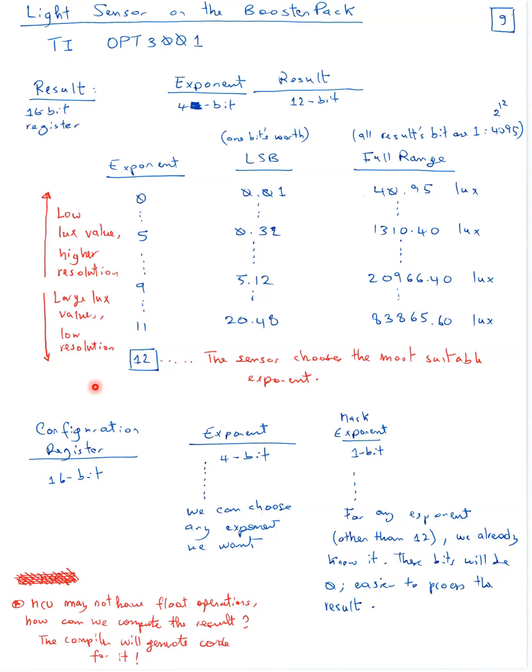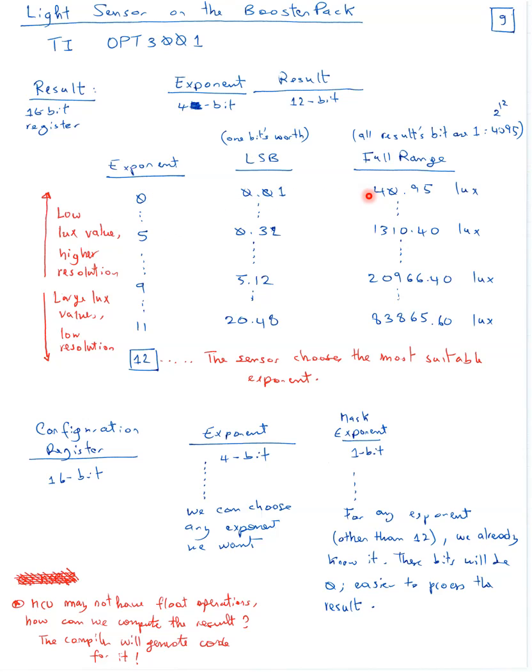Let's look at the exponent 12. If we set the exponent to 12, this means the sensor is gonna choose the most suitable exponent. So either one of the choices from here all the way up to here. So what the sensor is really gonna do, if we are measuring low lux values, the sensor is gonna bring the exponent down toward the small exponents, so we have more accuracy.